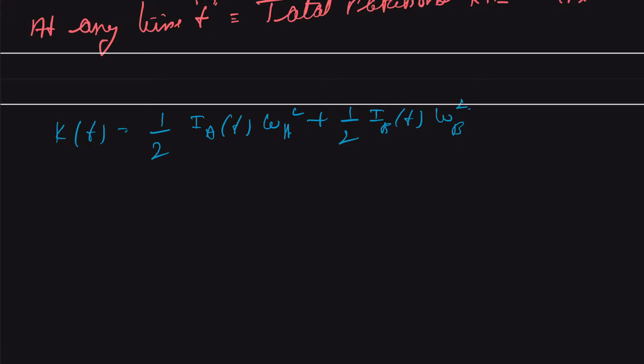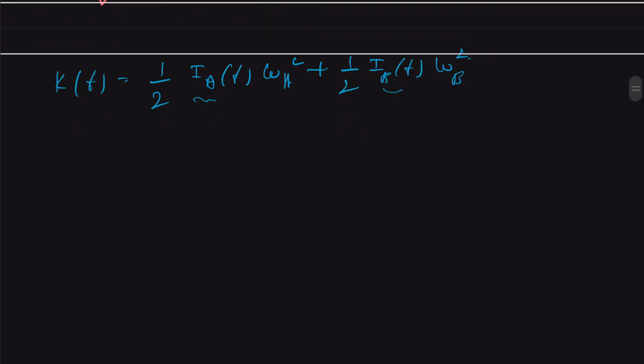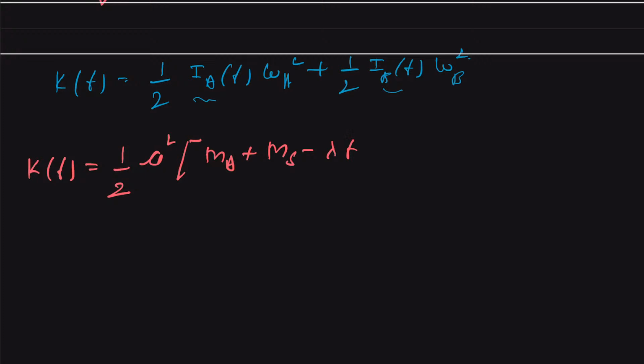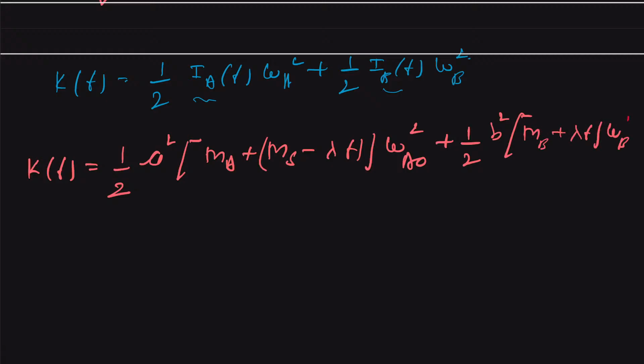And we are only talking about the rotational kinetic energy. Okay. We already know our I of A, and I of B also we know. So we substitute them, we get k of t is equal to half, and we have our A square, mass of A, mass of sand minus lambda of t, and this is our omega A naught square, plus half B square, mass of B plus lambda of t, and this is omega B square.